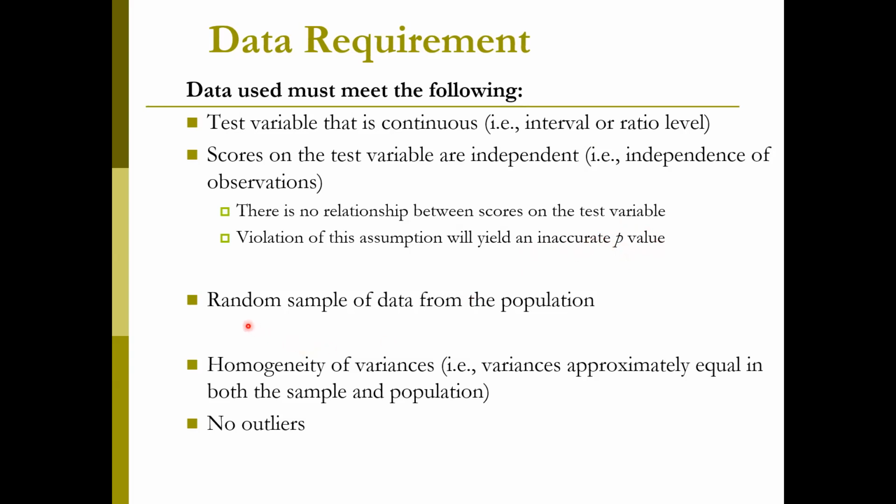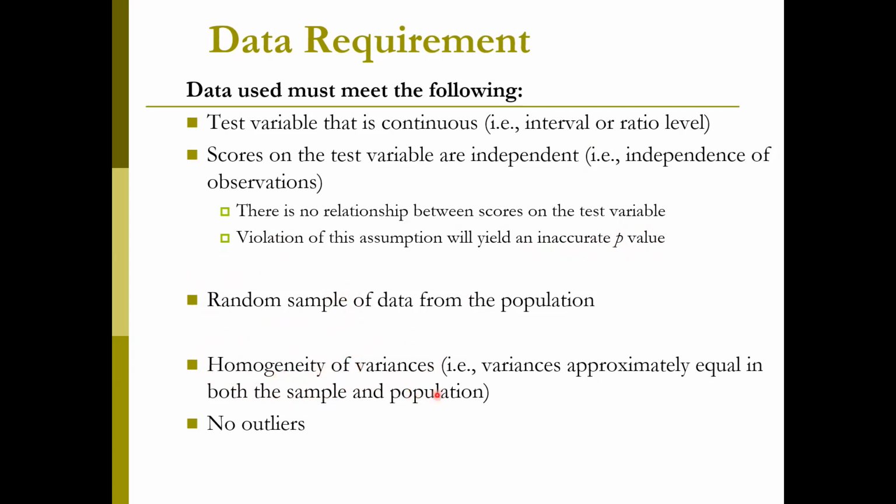Again, the data set must be random. Remember, in the introductory video we talked about random sample, and it must be homogeneous, homogeneity of variance. Your quantitative method class would have taught you what variance is. Homogeneity of variance.